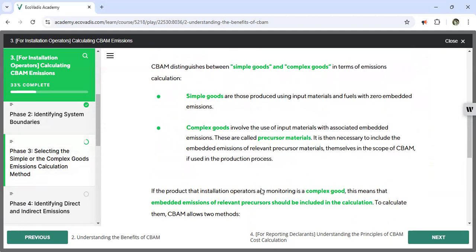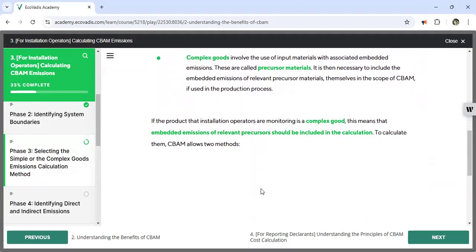Simple goods are those produced using input materials and fuels with zero embedded emissions. Complex goods involve the use of input materials with associated embedded emissions. These are called precursor materials.